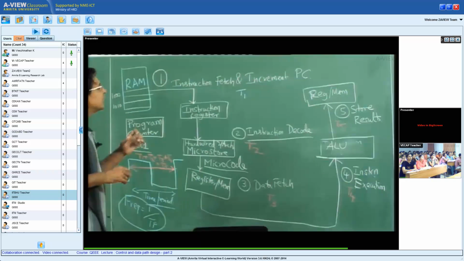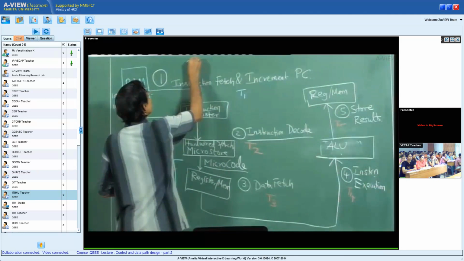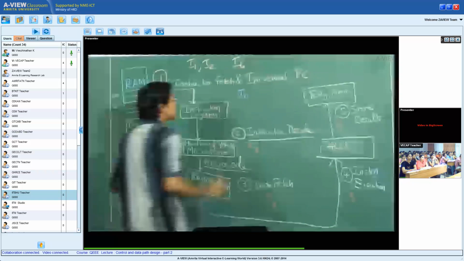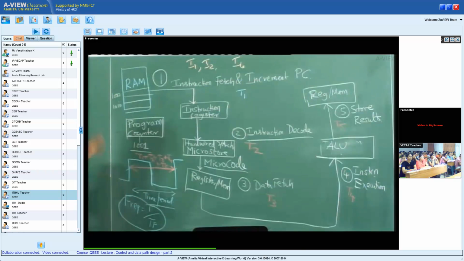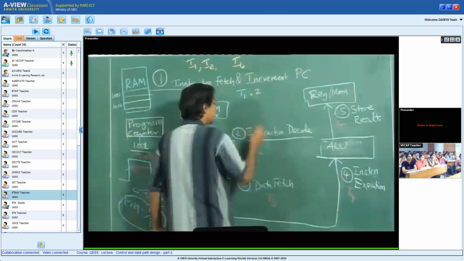Suppose I have 6 instructions to be executed. Let me call them I1, I2 to I6. Let me assume for the sake of argument that each stage takes 2 units of time.